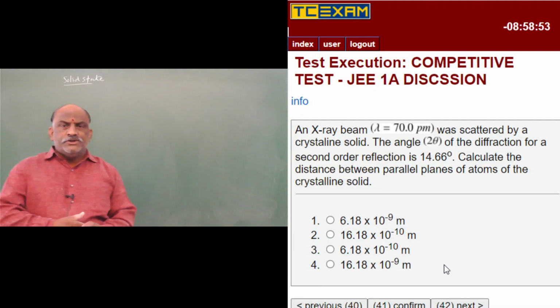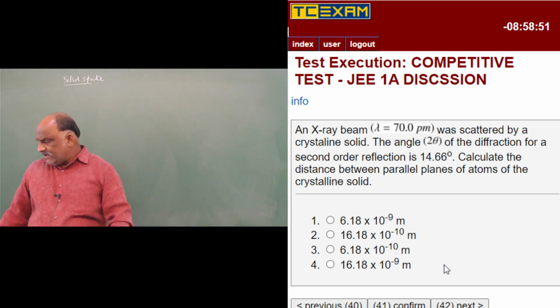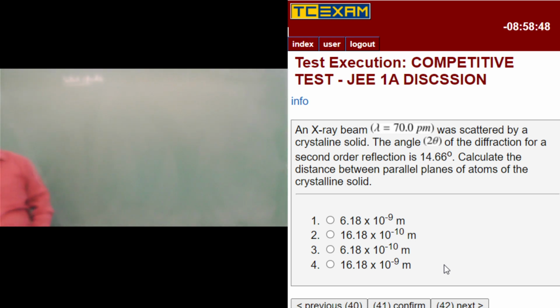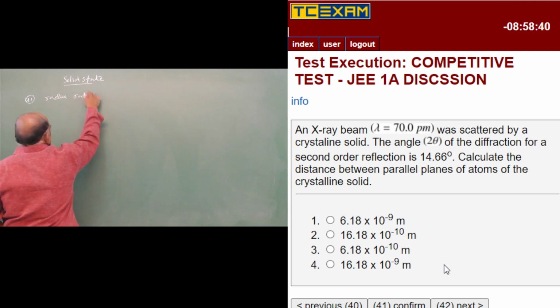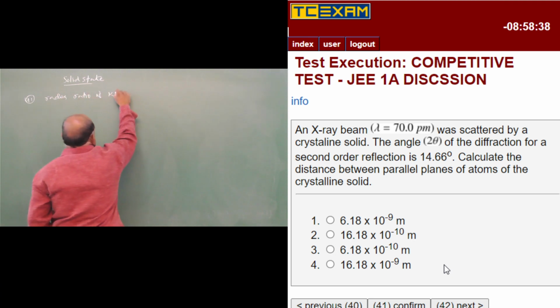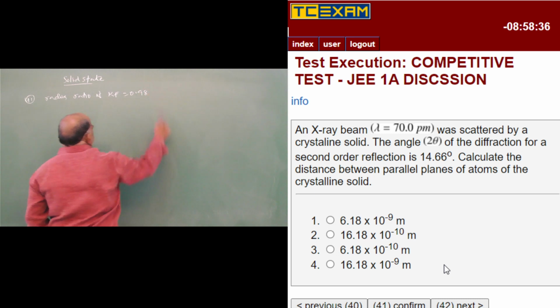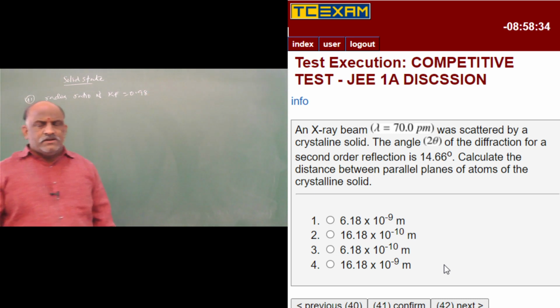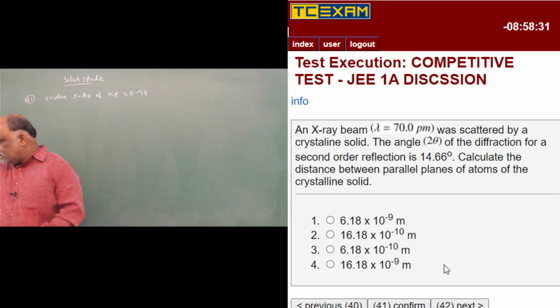The radius ratio of KF is 0.98. So what to do here?